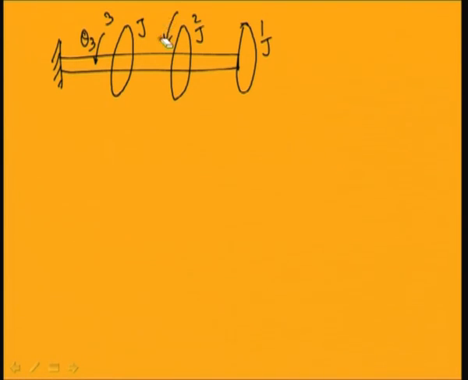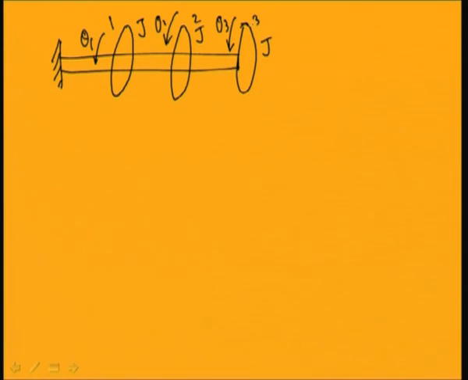Let me start from this end. This will be theta 3, this is theta 2 and this is theta 1. So, this is mass 1, this is 2 and this is the third mass we are considering.